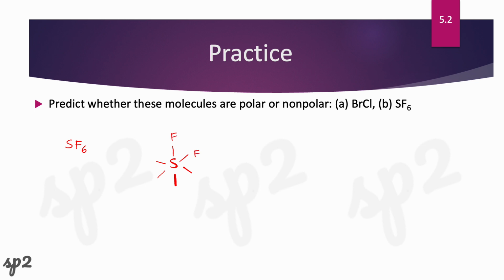If you remember from our previous lecture, this is all about octahedral geometry, and they're all going to cancel each other out. That is going to give us a nonpolar molecule, due to the cancellation of all of these bond dipole moments.